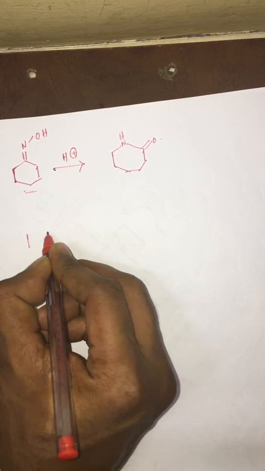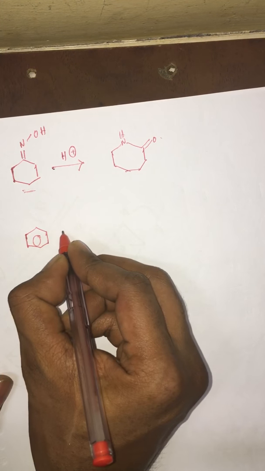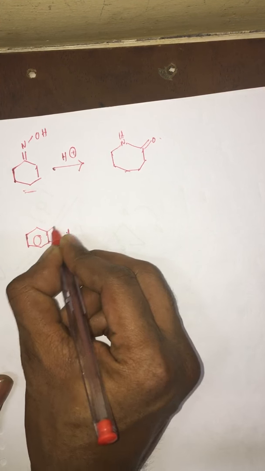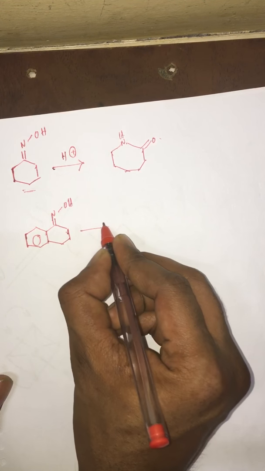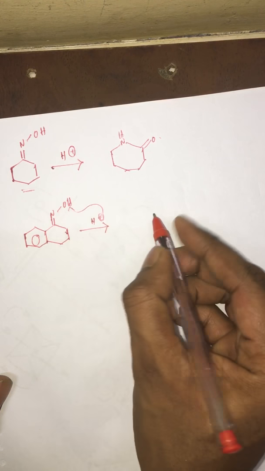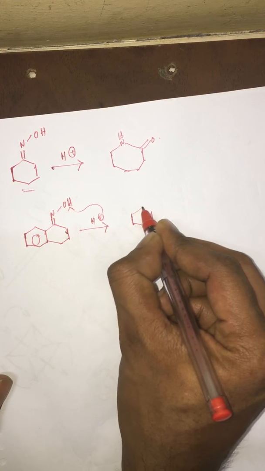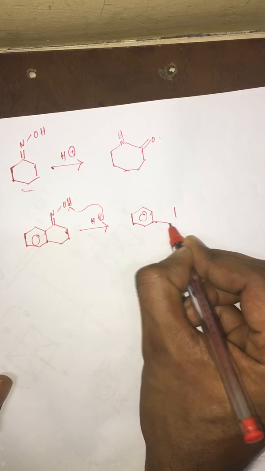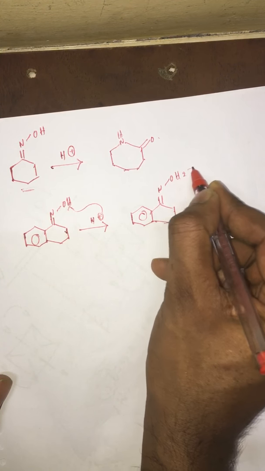Okay, next here we have this kind of compound, double bond NOH. Okay, so here H plus goes and attacks this OH, and it will become like this, double bond NOH2 plus.